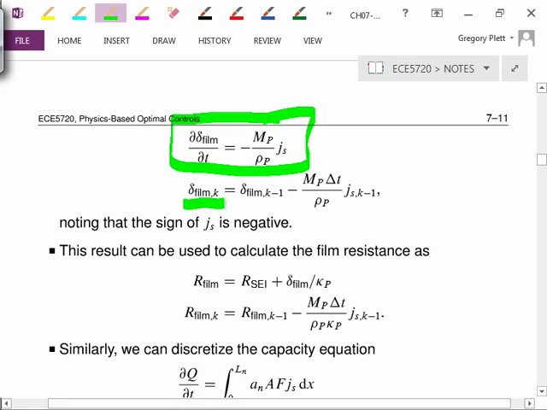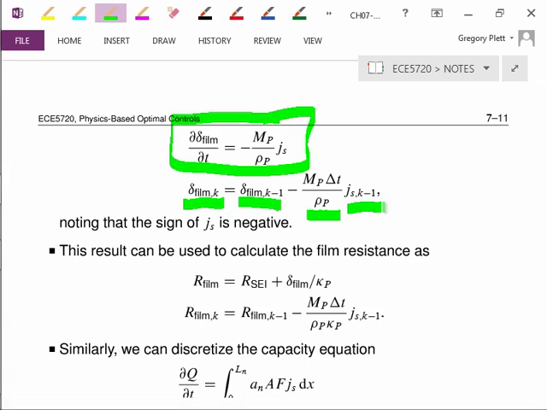And we get that the new film thickness at time k is equal to the prior film thickness, and then minus the constant mp over rho times delta t, all times the input, which is this rate of side reaction. And we remember that Js is never positive, it's always negative or zero, meaning the film thickness is always growing.